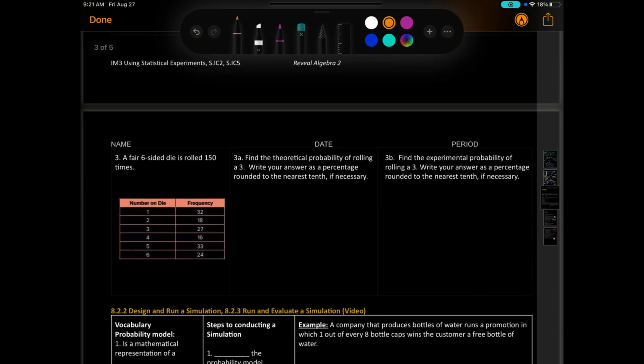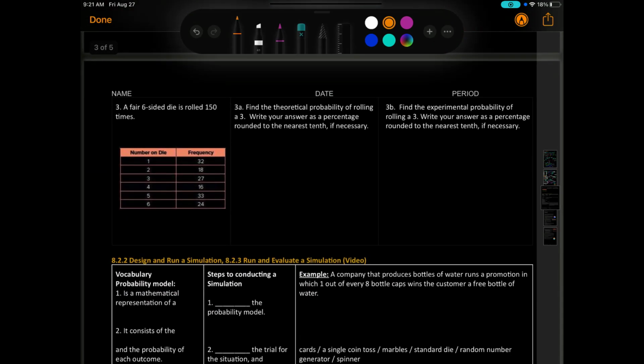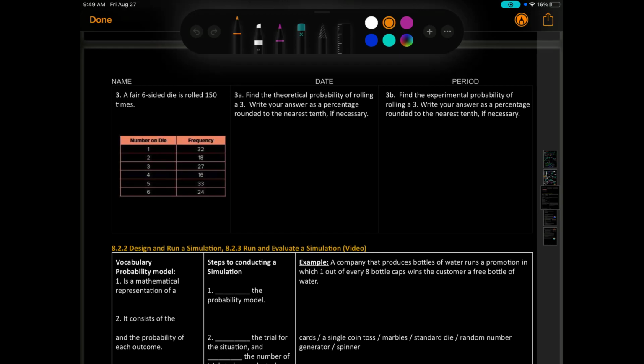All right, let's go ahead and try question number 3. A fair 6-sided die is rolled 150 times. Find the theoretical probability of rolling a 3.